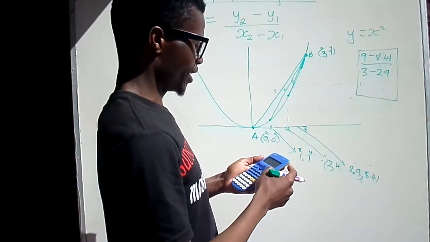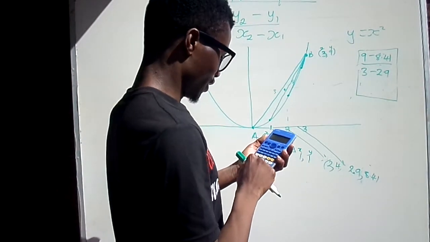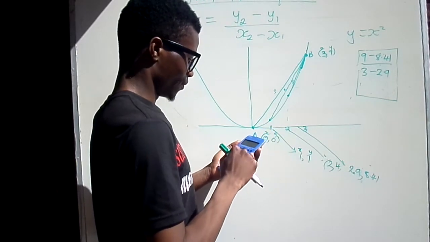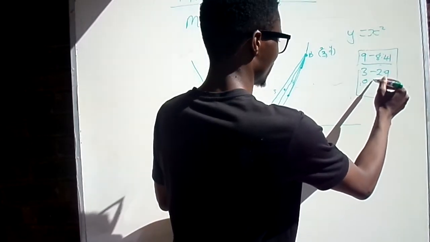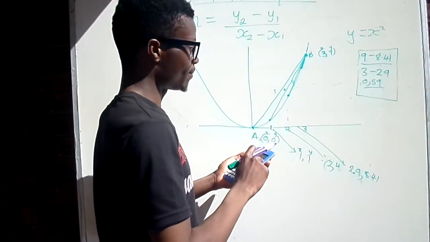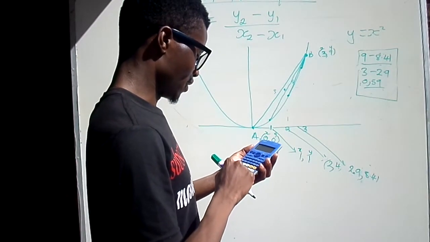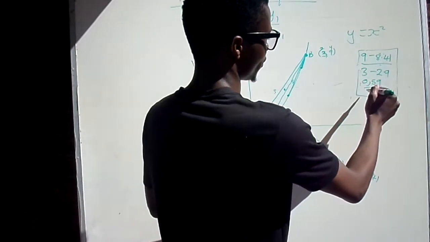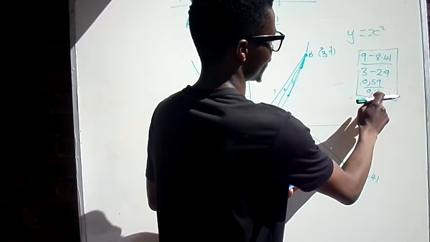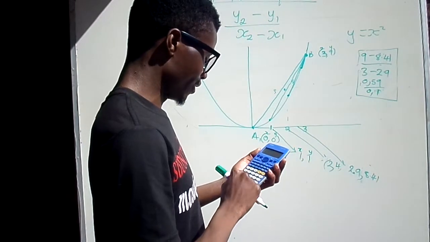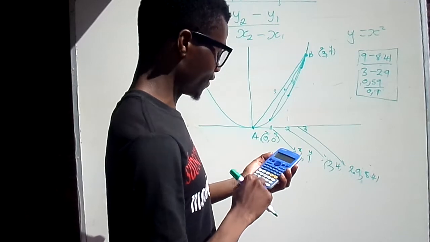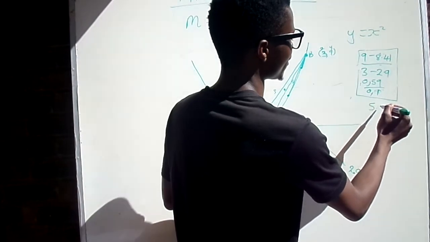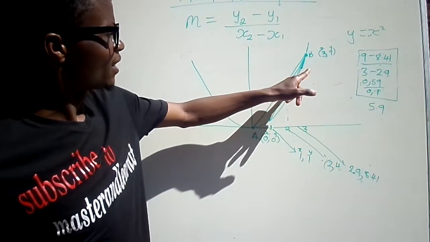Then using our calculator we get 9 minus 8.41, we get 0.59, over 3 minus 2.9, then we get 0.1. So 0.59 divided by 0.1, then we get a gradient of 5.9. So what can we conclude?